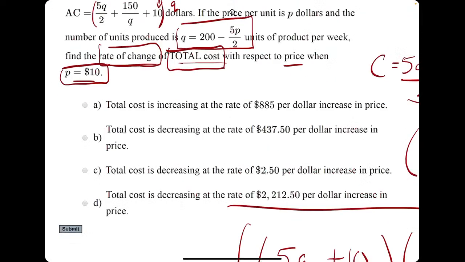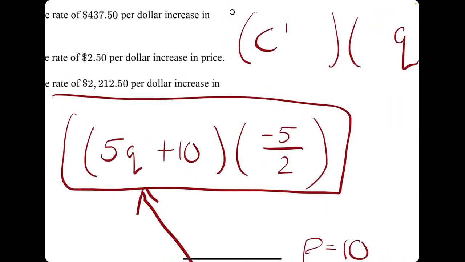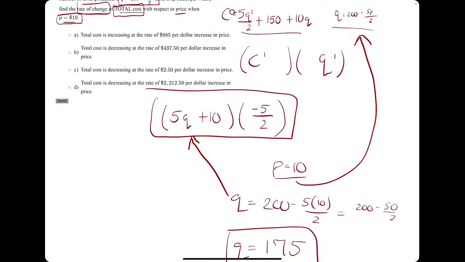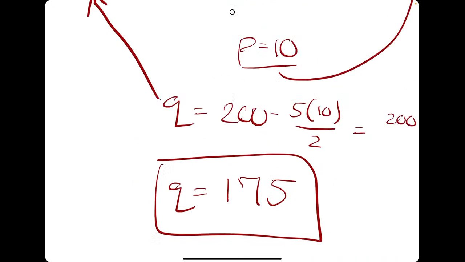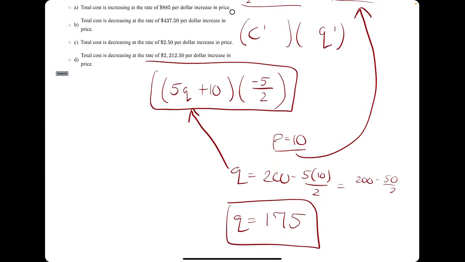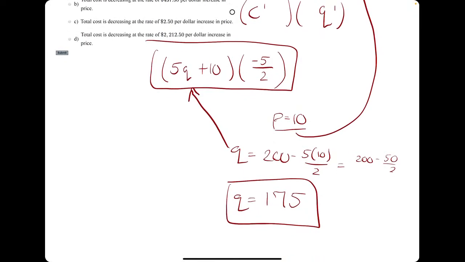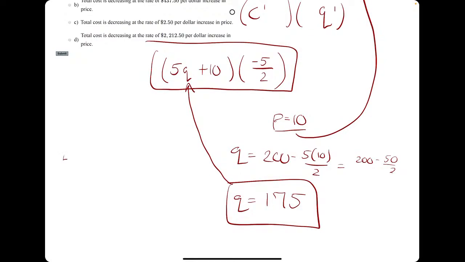So, again, because there was no P value in our answer to plug in 10, we instead find the Q value that corresponds to P equals 10 by plugging in P equals 10 to Q. All right, so now we plug in 175 right there, and then we'll be done.